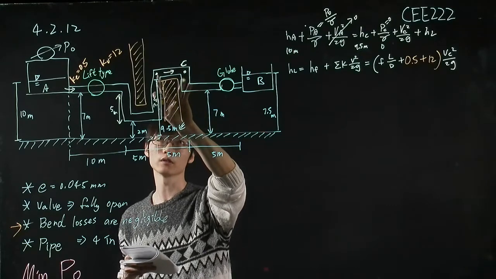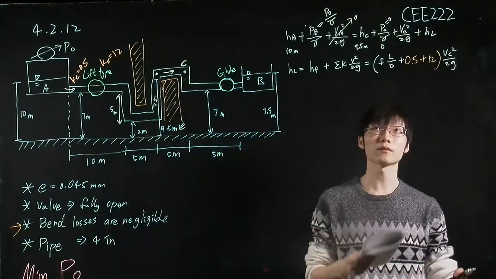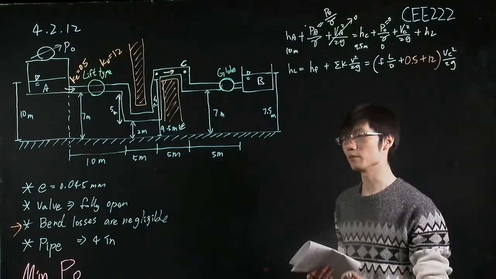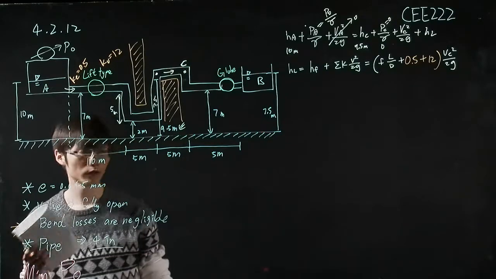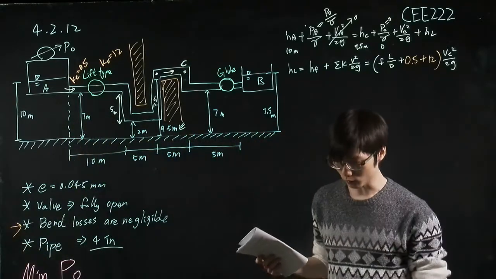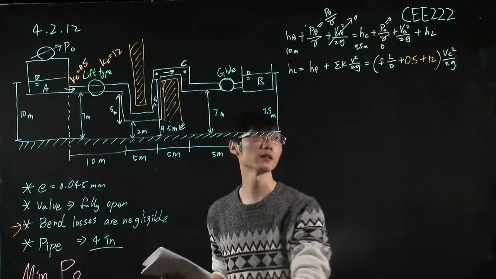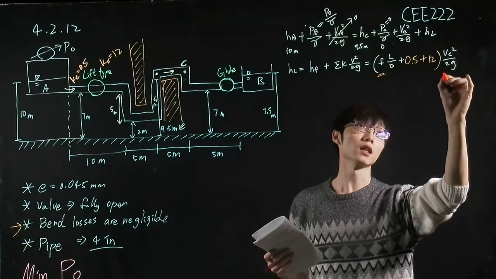And then you also know this distance is equal to 5 meter. So you will know the L. And you also know the diameter for this pipe, which is 4 inch. So the terms that we don't know yet are this factor F and the velocity Vc.